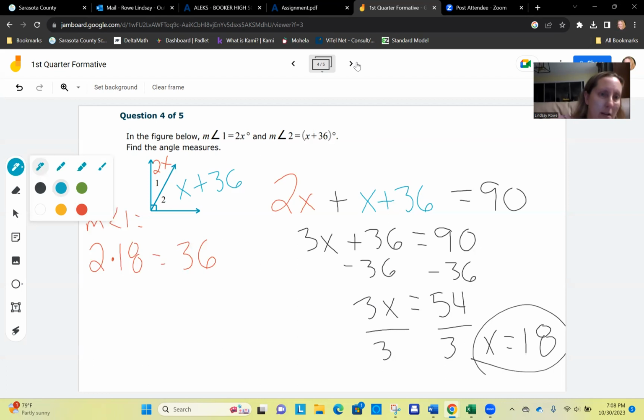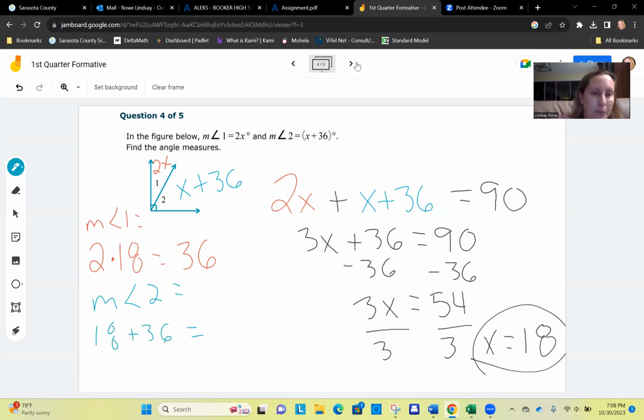And the measure of angle 2 is going to be equal to 18 plus 36. Okay, so 8, 9, 10, 11, 12, 13, 14. I get 54 for the measure of angle 2.